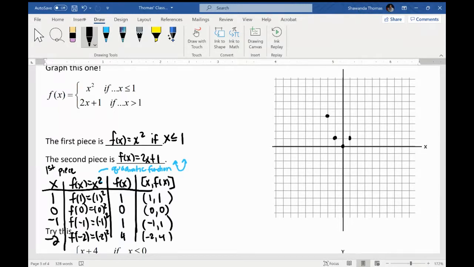Now, which side is being extended? Am I going to draw the arrow on the left side, or am I going to extend to the right? It's going to be to the left. Yep. So we're going in this direction to the left because this is when x values are less than 1.